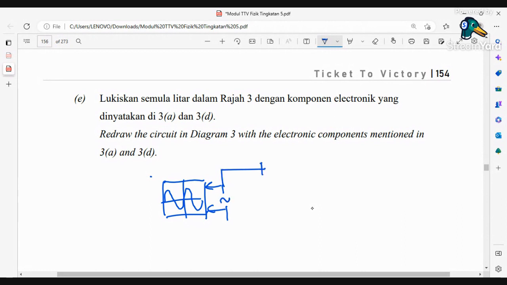So you put a diode here, then you put a capacitor, then a resistor.